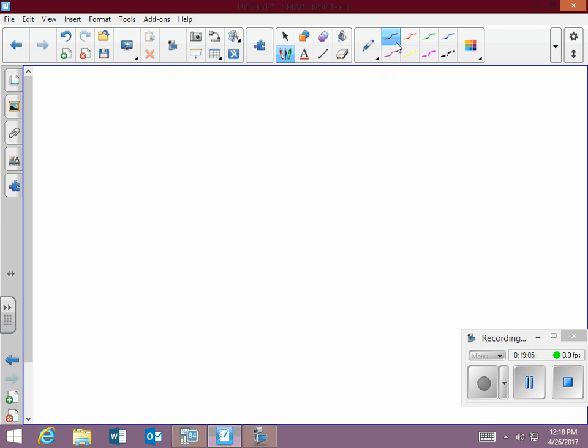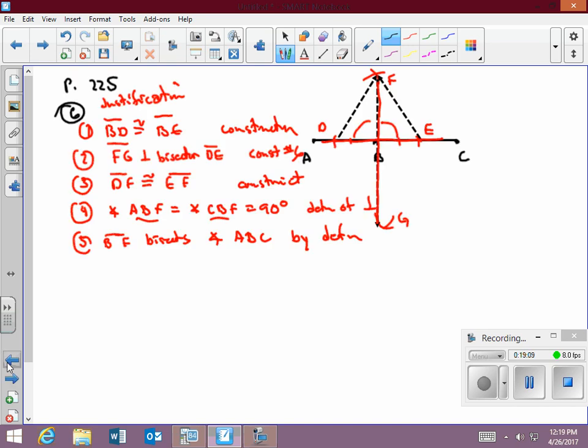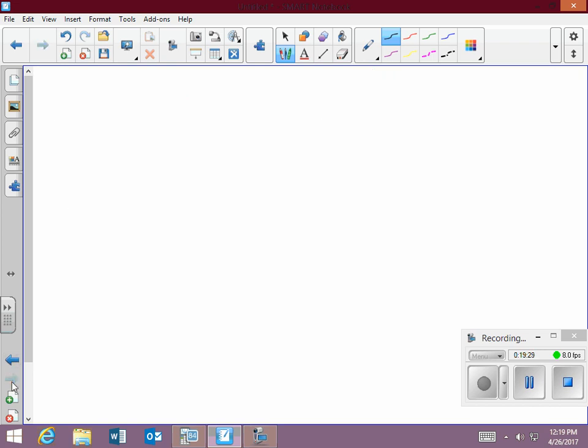Okay. Can I see the last part? Thanks. So 8 says draw a line segment ED, use a compass and straightedge to divide it into 4 congruent segments. So 8.